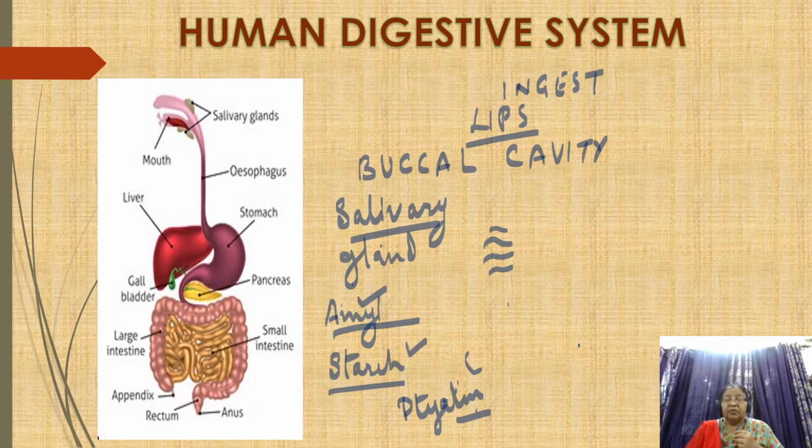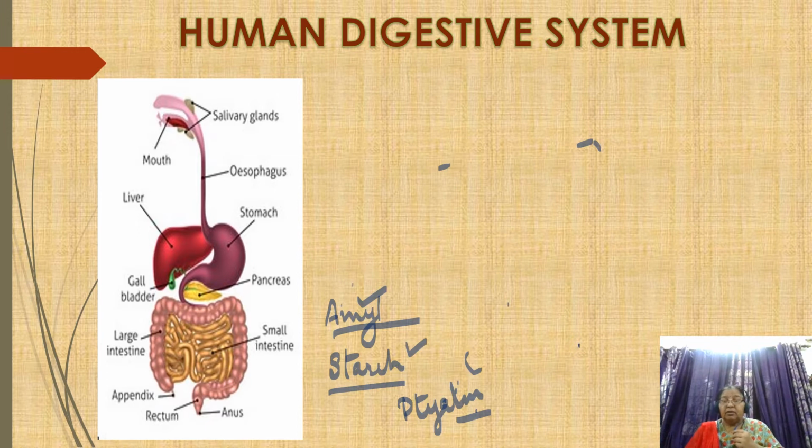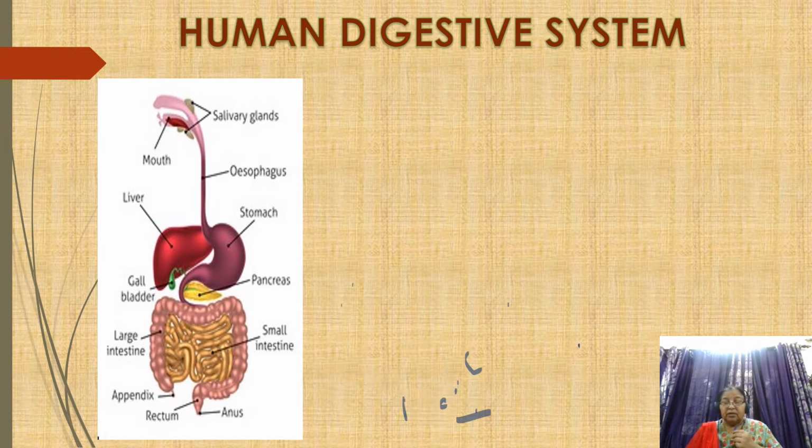You will see that the test tube which contains saliva is not giving color with the starch, so means starch is digested. 1% starch only you should take. Ask your teacher.